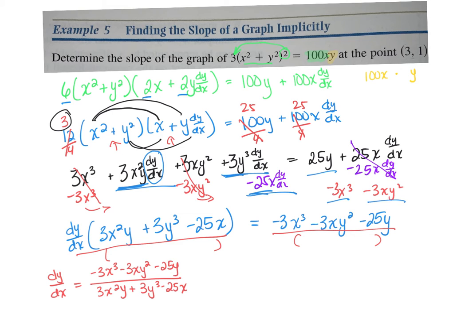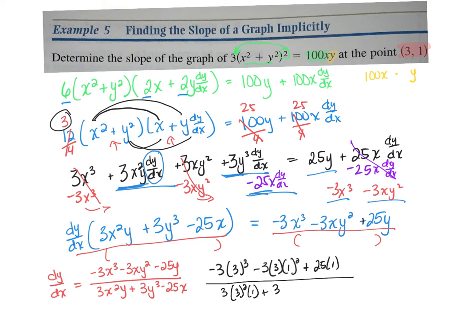All right, so if you look at the top here at the point (3, 1), for every x I'm going to plug in a 3, and for every y I'm going to plug in a 1. So we have negative 3 times 3 cubed minus 3 times 3 times 1 squared, plus 25 times 1, and that's still over 3 squared times 1 plus 3 times 1 cubed minus 25 times 3.